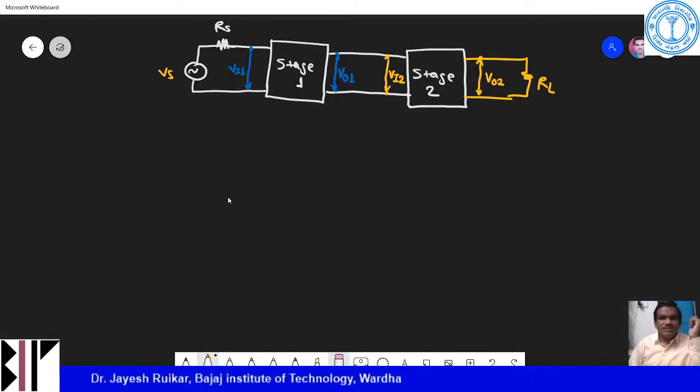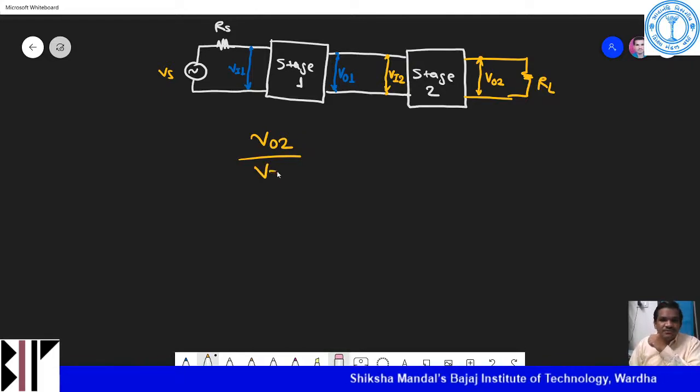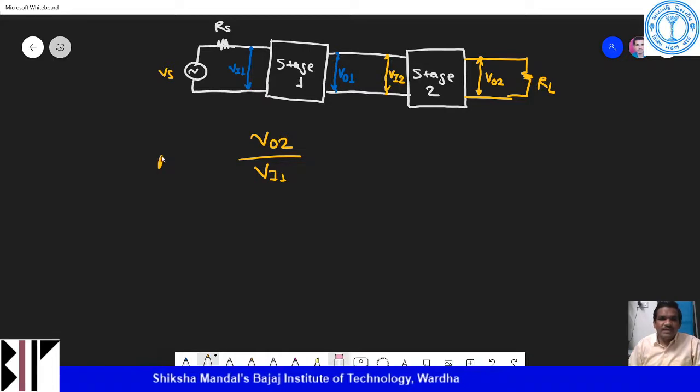Here, the output voltage VO2 divided by the input voltage Vi1 is nothing but the overall voltage gain, which I will define as AV.